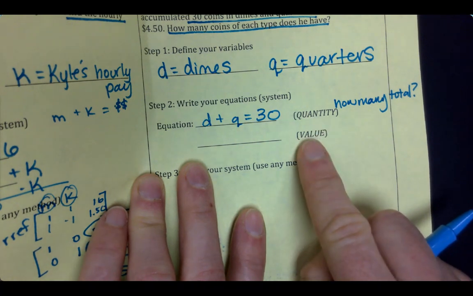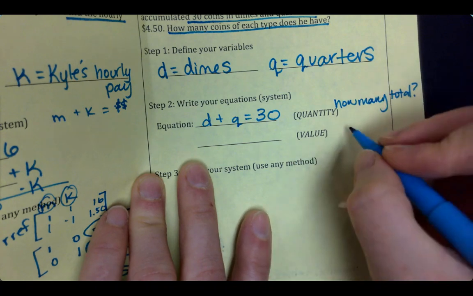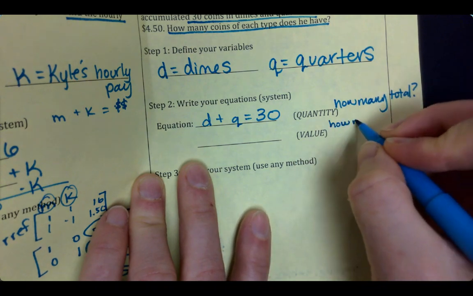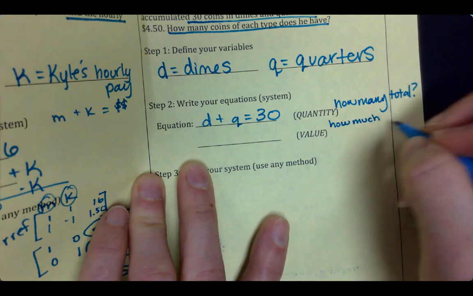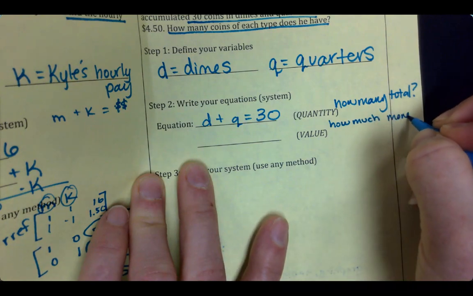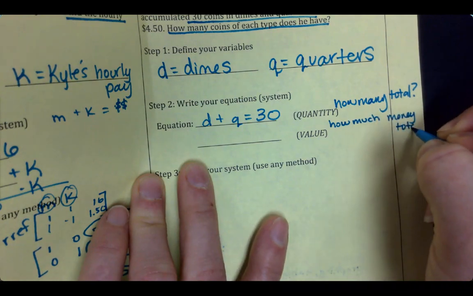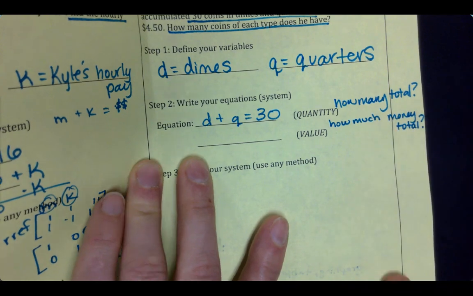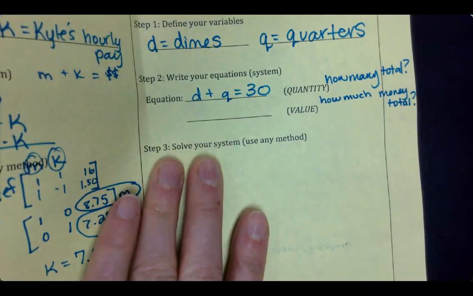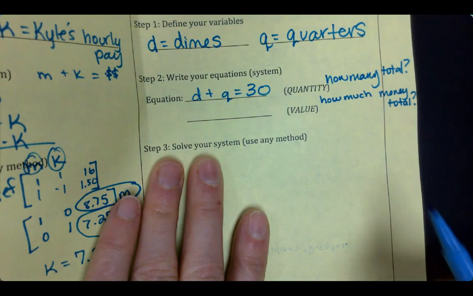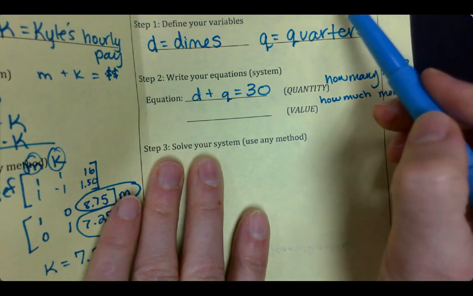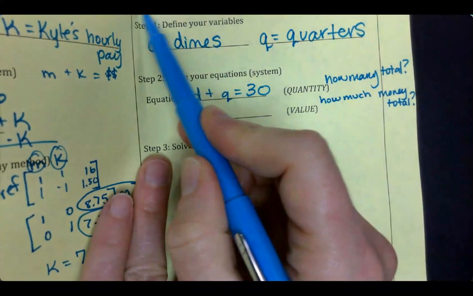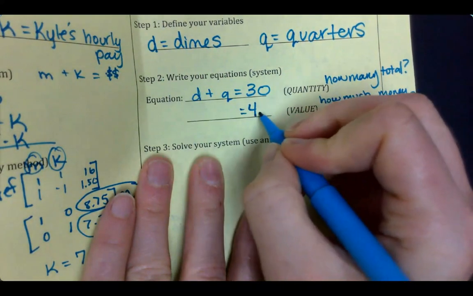Our value equation. What is value talking about? How much money total? What is the total amount of money? We know it's going to equal 4.50.